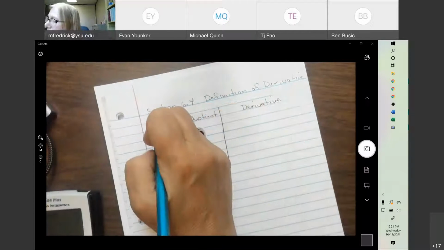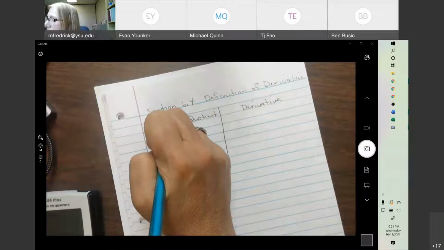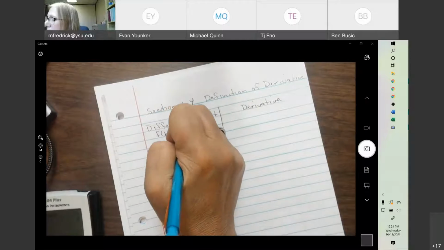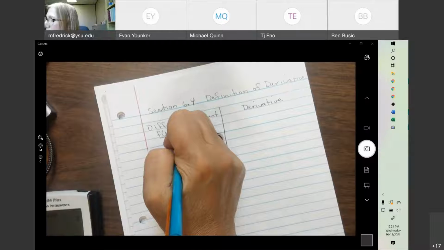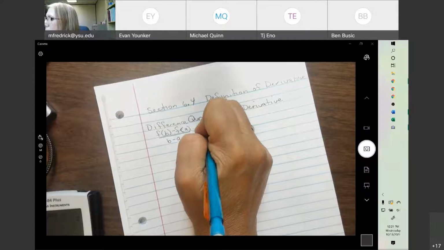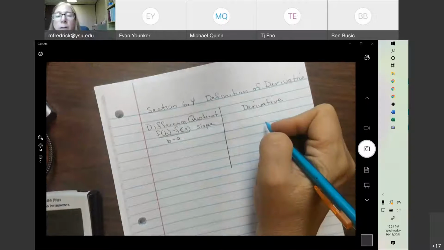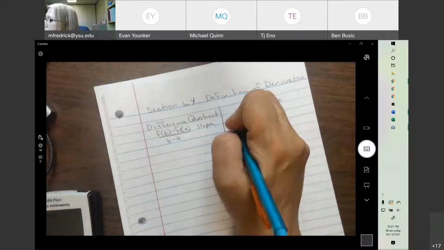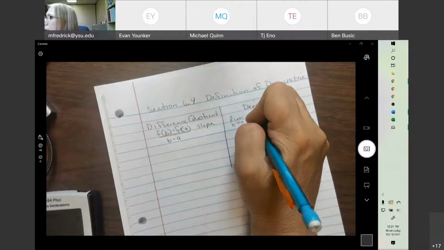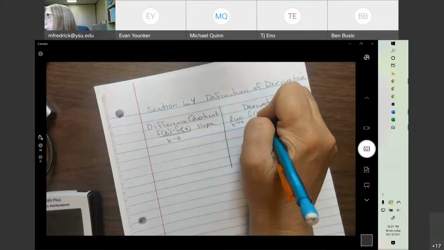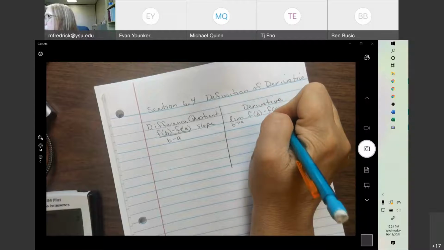The difference quotient is the slope, f of b minus f of a over b minus a. The derivative is the limit as b approaches a of f of b minus f of a over b minus a.